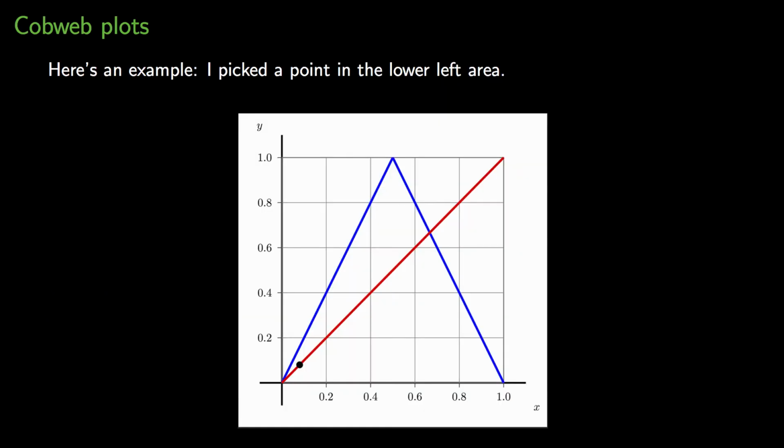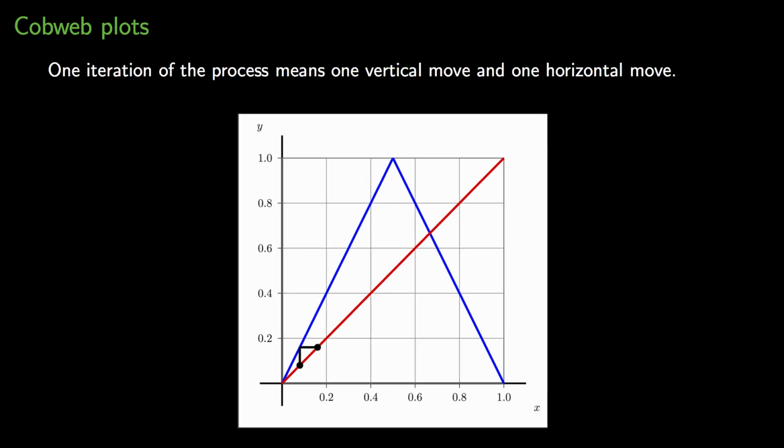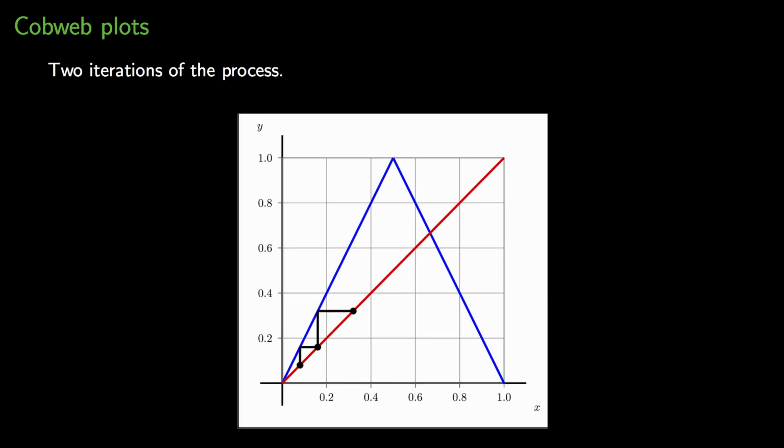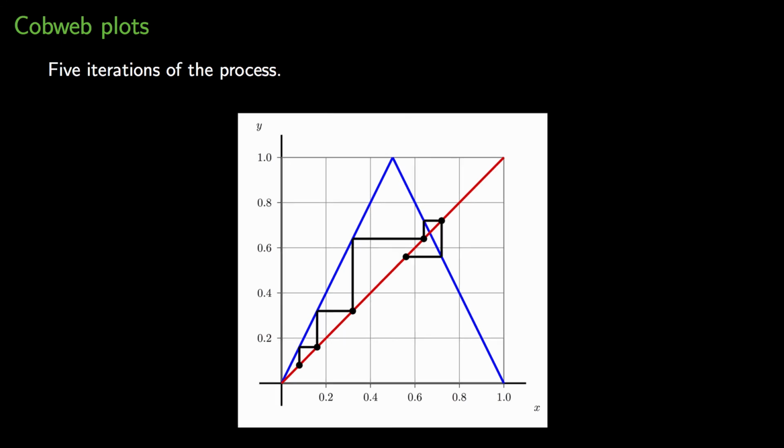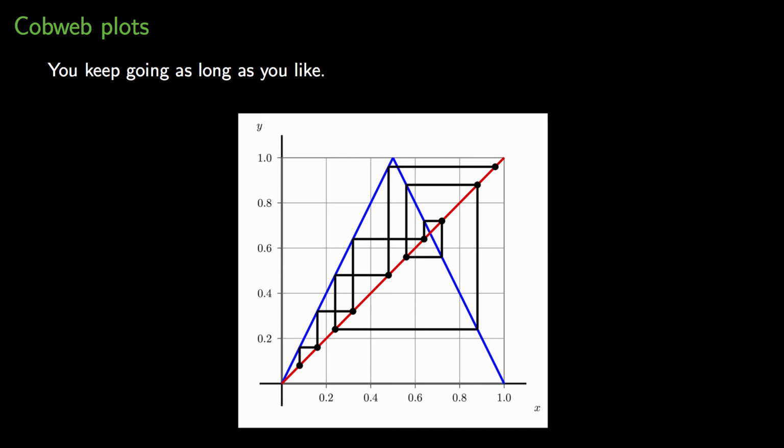So for example, if I were to start at about 0.1, 0.1, and do the process to this point over and over again, I would move up to the V and over to the diagonal, up to the V and over to the diagonal. You might be looking at 4 line segments, but this is actually 2 iterations of the process, right? Here's that third iteration. And a fourth iteration is a much smaller movement. 5 iterations. In fact, you can go as far as you like and make this really frilly cobweb plot, basically.